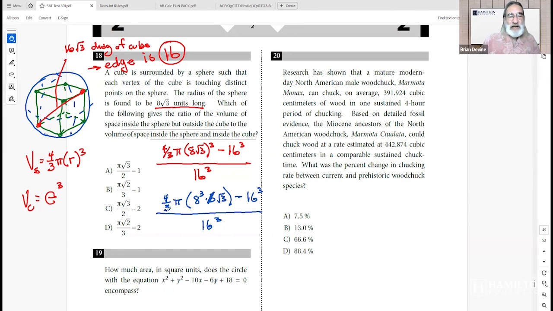Now, this 3 here will cancel out that 3 there. And if we look at the fact that we can rewrite 16 as 8 cubed times 2 cubed, then I can cancel out an 8 cubed in that thing.